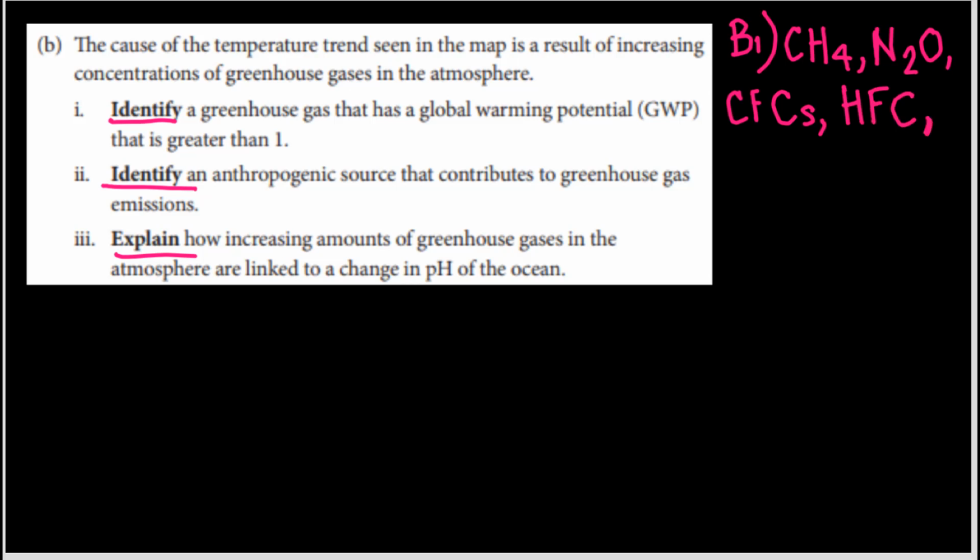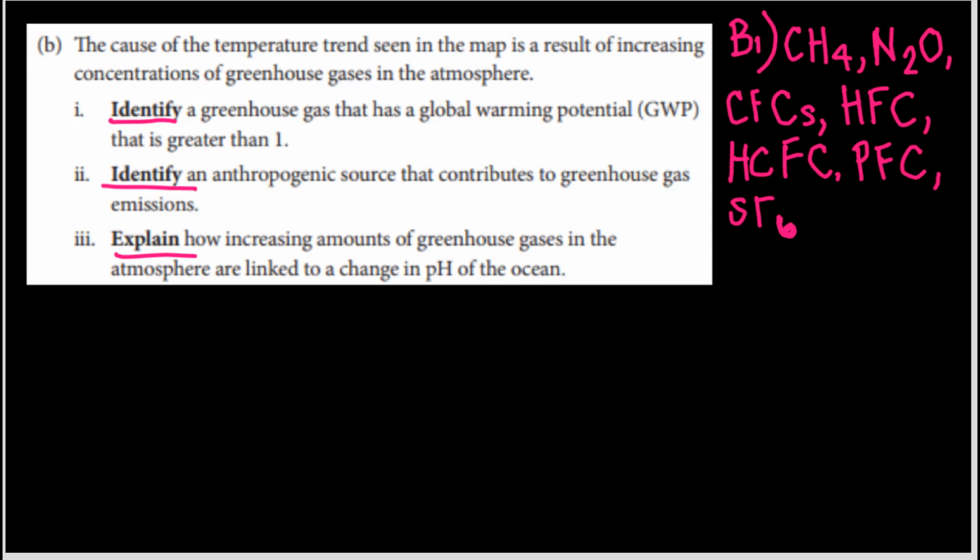I probably would choose methane, which is CH4, just because that's a pretty common greenhouse gas. It's kind of an easy one. And you'll see in a second why. Okay, so the CFC is called chlorofluorocarbons.